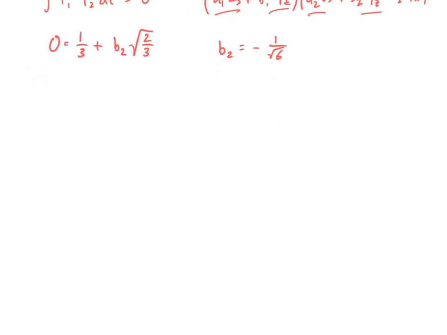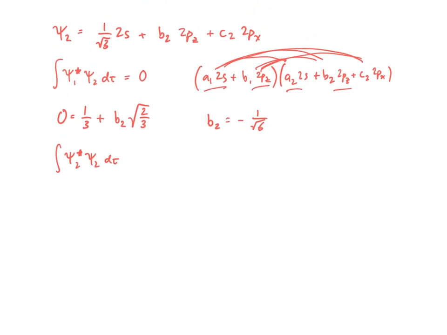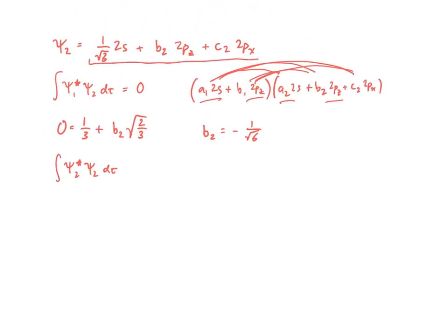Okay, the final step before we get the last coefficient is to insist that this hybrid orbital be normalized. So we're going to take this function here and multiply it times itself, so we're going to get a 3×3 FOIL.